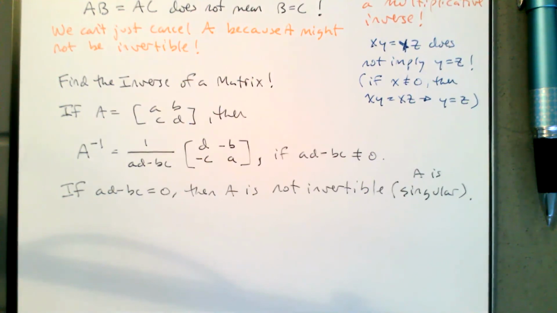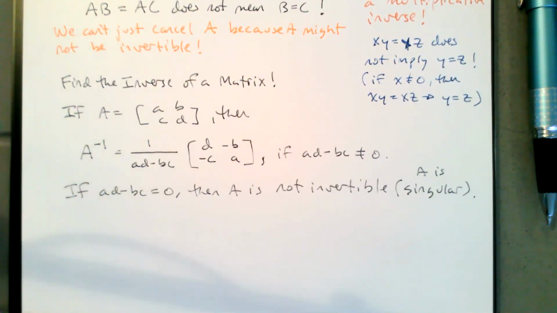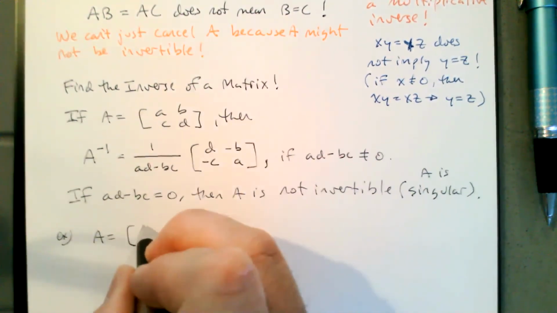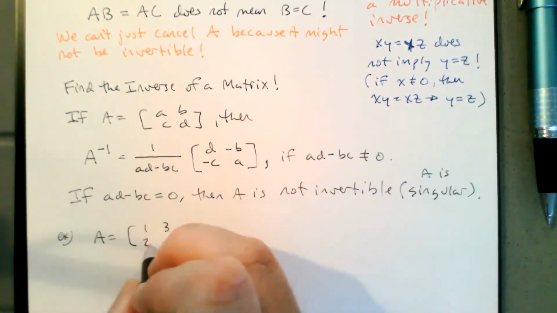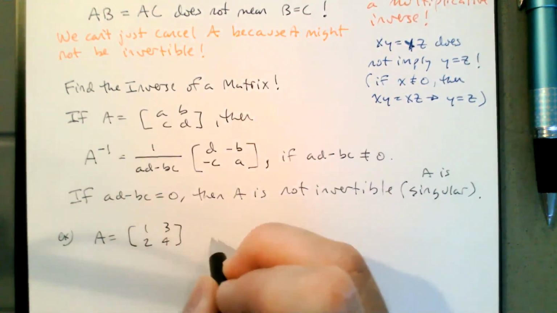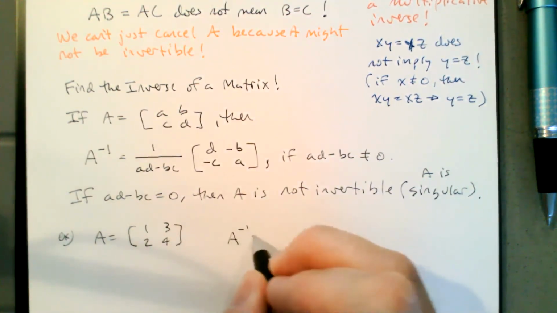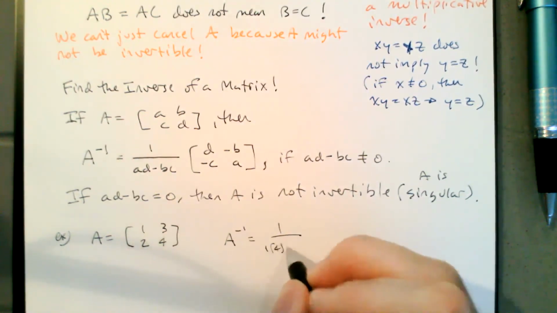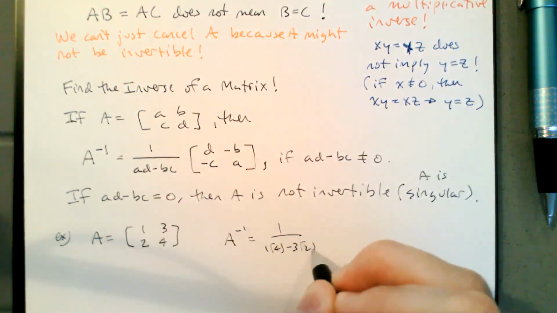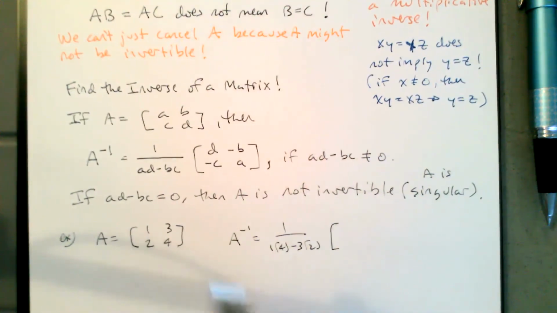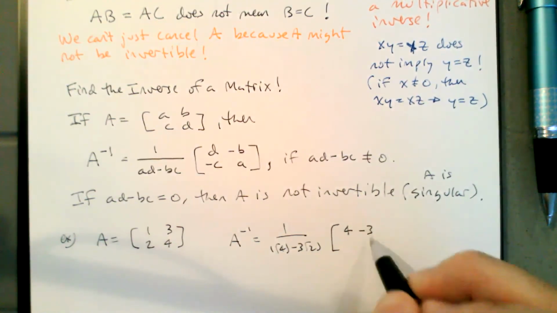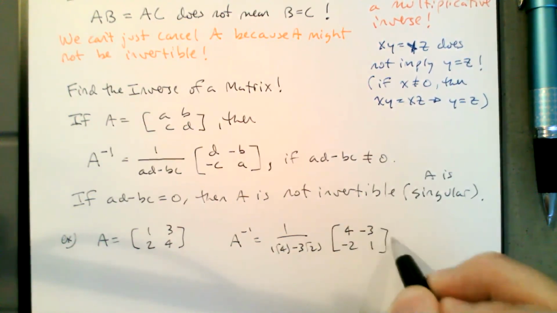This is nice because all we have to do is remember how to do this. So for example, if A is equal to 1, 3, 2, 4, then A inverse is 1 over 1 times 4 minus 3 times 2. We flip the main diagonal entries, 1 and 4, and change the signs off the diagonal, negative 3, negative 2.